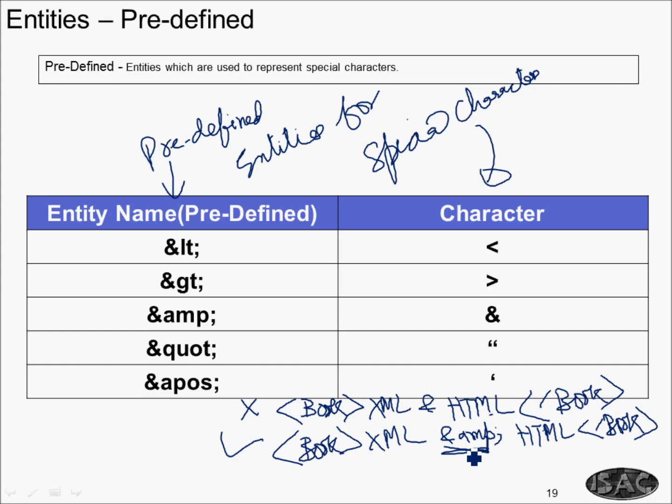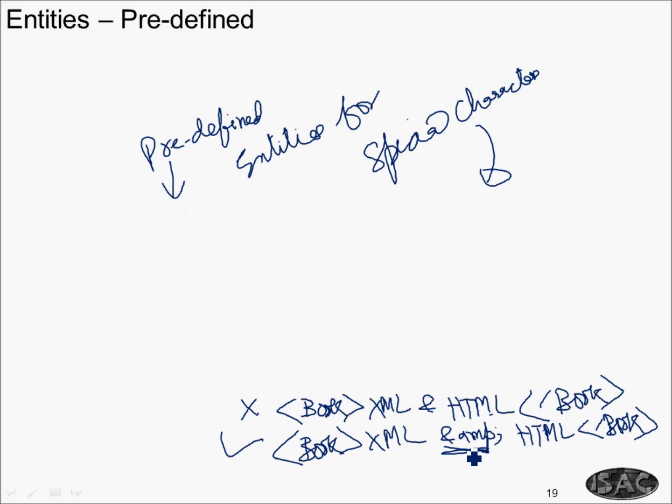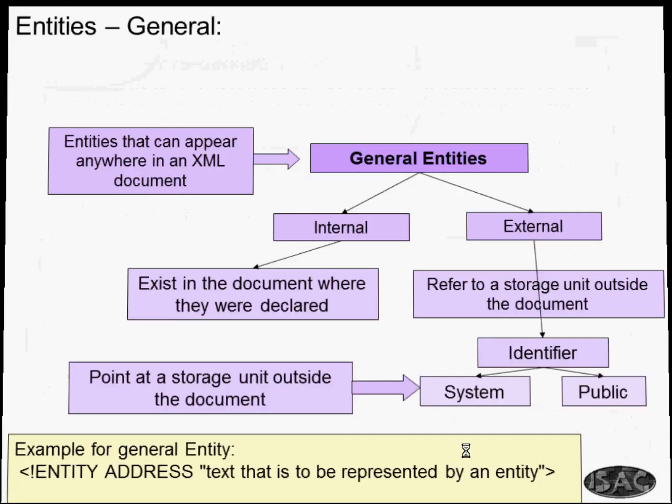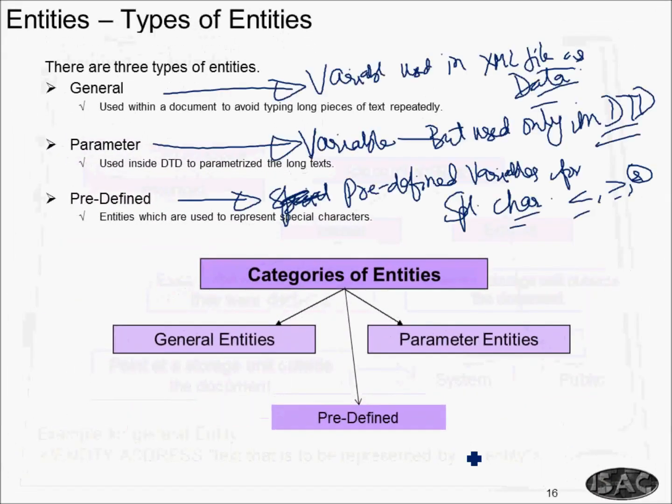So we have understood the various types of entities in an XML file. What is a general entity? What is a parameter entity? What is a predefined entity? Let me just review it once more. These are the types of entities: general, parameter, and predefined.